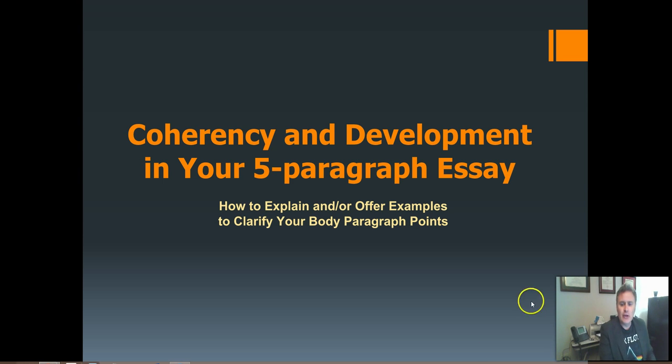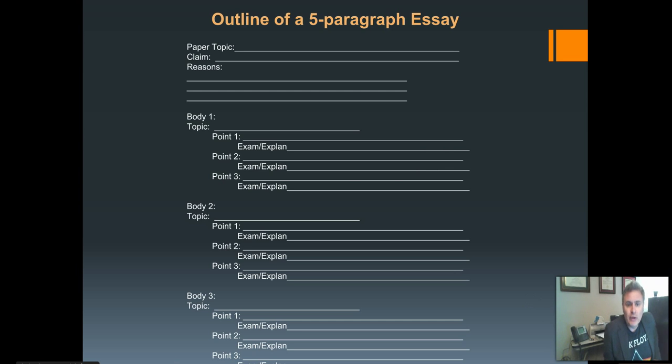So let's look at, first of all, where we have come from and where we're about to go. Remember, we've covered in the first video on thesis statements that before you even start writing, you need to have a topic that you are writing about. But it's not enough to have a topic, you also need a claim, and that claim needs to have 3 reasons of support.